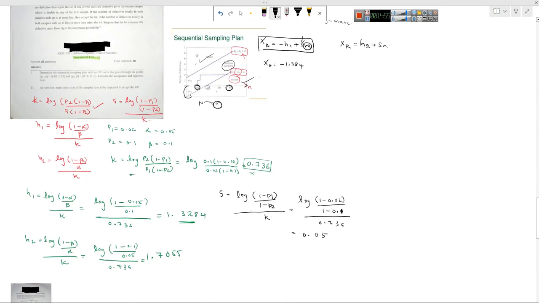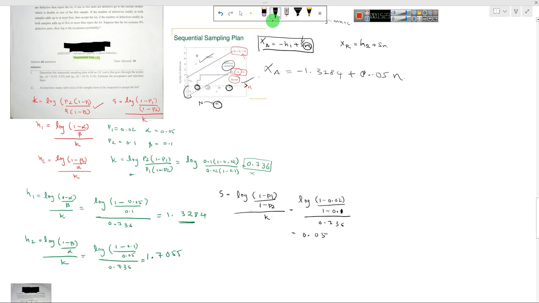Okay, so let me explain it. XA is equal to minus 1.3284 plus S, we have already found 0.05 n, right?